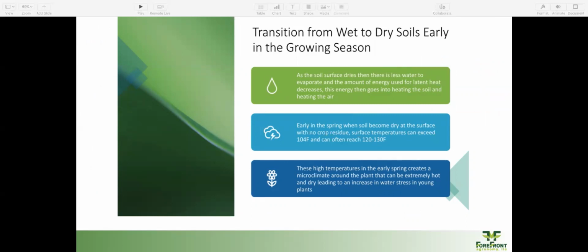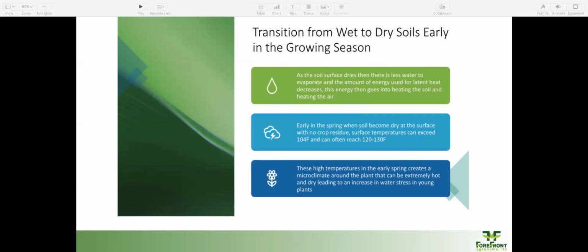And I've seen temperatures in the spring and the summertime on bare soil reach 120, 130 degrees, and microbial life dies at 130. And so anything that we can do to reduce that effect, and just kind of switch the gears, instead of heating the atmosphere, we want to heat those plants and be able to drive that transpiration process.